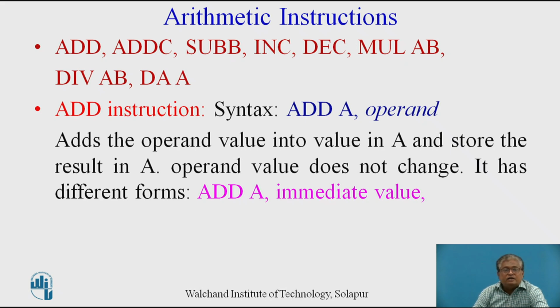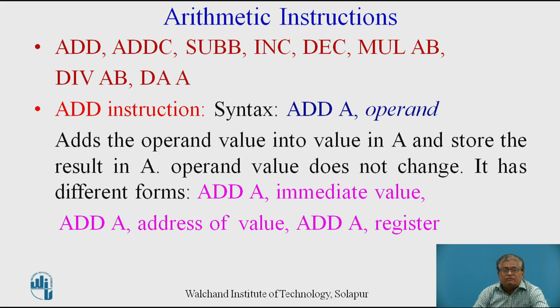It has different forms like ADD A comma, we can write the immediate value. For example, ADD A comma #50h, or the second value can be specified by writing its memory address, which is called the direct addressing mode, or we can write the second operand in one of the 8051 registers and we can specify that value by writing the register, say ADD A comma R0.